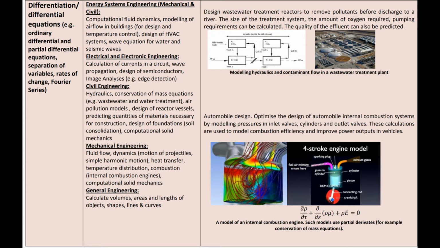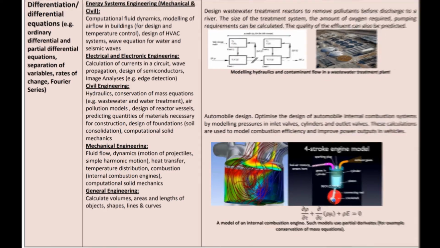Let's look more in a broad sense at how calculus is used in mechanical engineering. As an engineer, you should be able to use various forms of differentiation, such as partial differentiation, separation of variables, rate of change, and Fourier series to find things such as fluid flow, heat transfer, combustion, and computational solid mechanics.